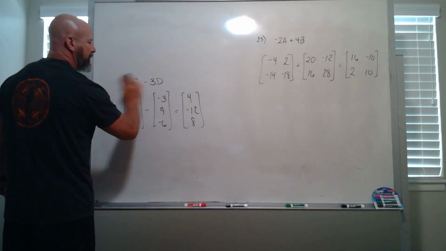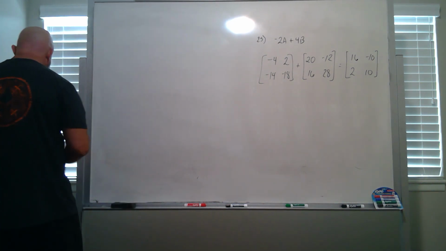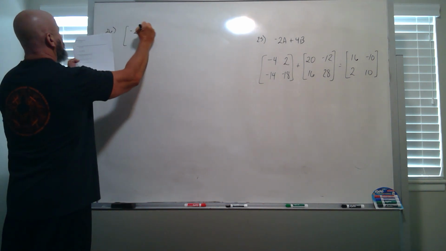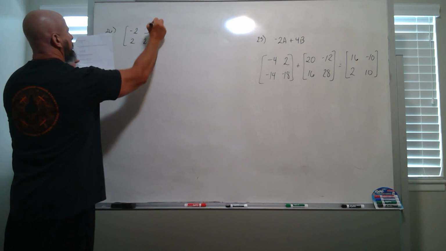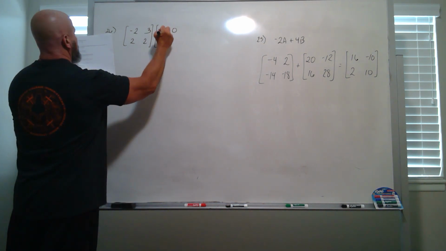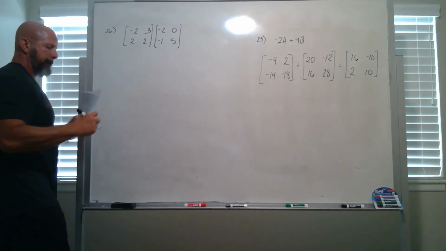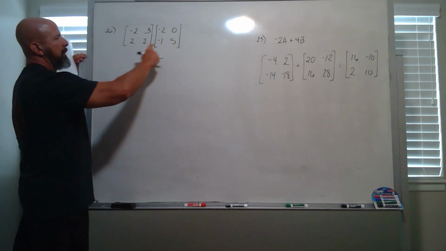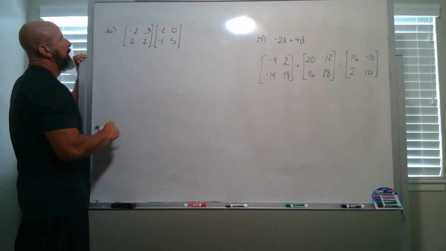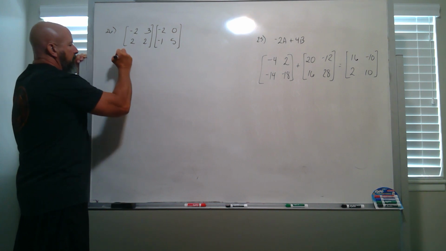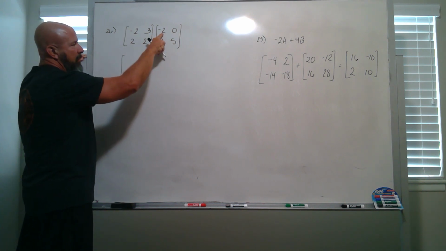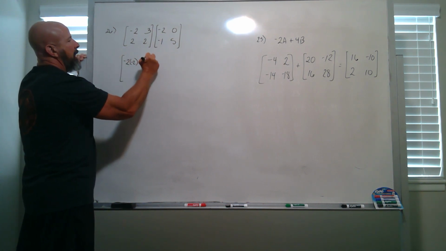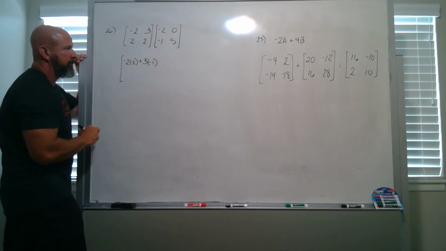The next set is some multiplication. When I'm multiplying matrices, 26 here, I need to remember it's row times column. So I'm going to have a 2 by 2 times a 2 by 2, so I can do it. And I'm going to have, for the first part, negative 2 times negative 2 plus 3 times negative 1, row, column.